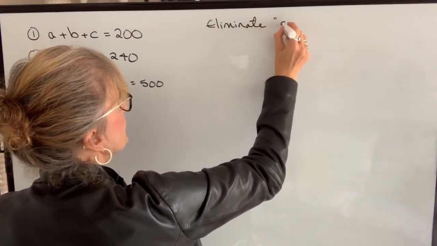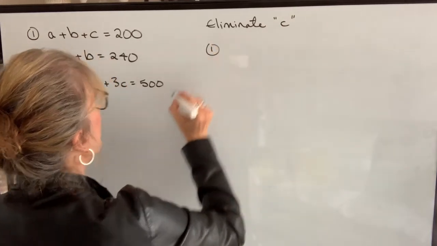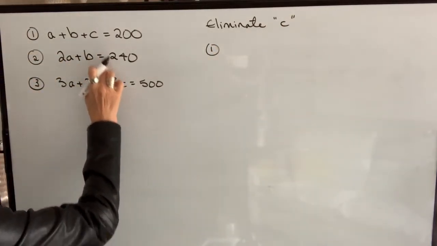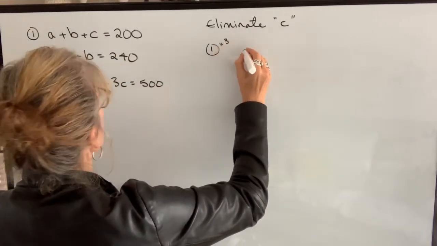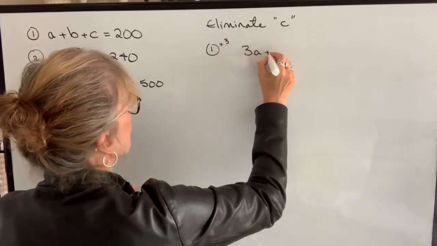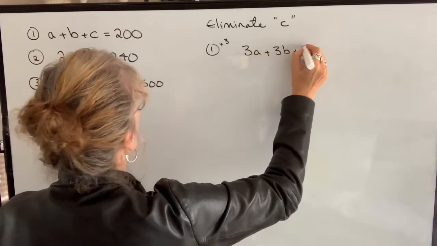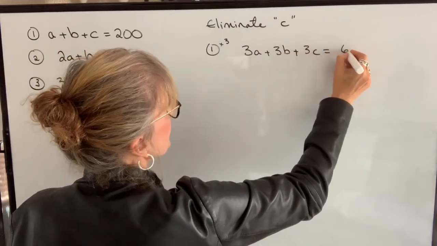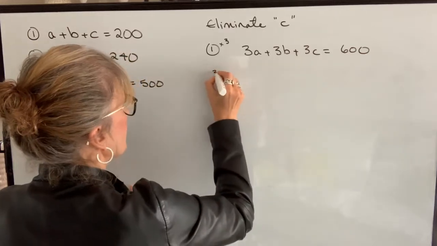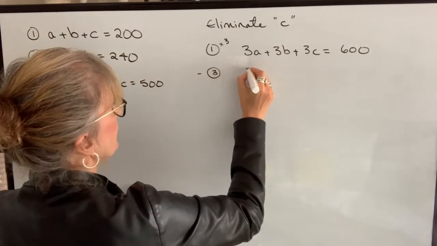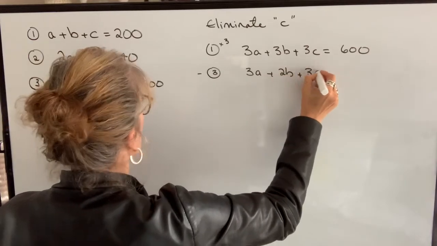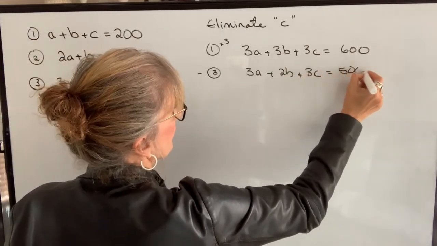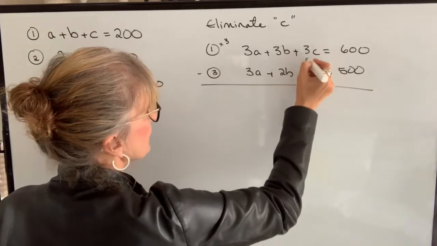So that's going to be my strategy. I will eliminate the C by taking equation 1. I need a coefficient of 3, so I'm going to multiply equation 1 by 3 to get 3A plus 3B plus 3C equals 600. I'm going to subtract equation 3. The reason I'm subtracting is that they have the same sign.